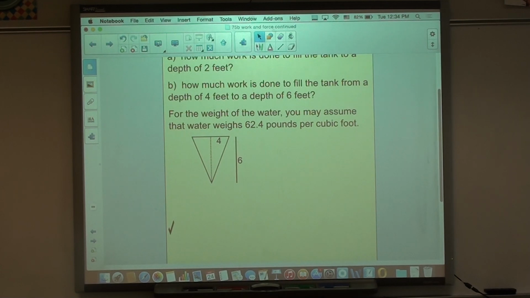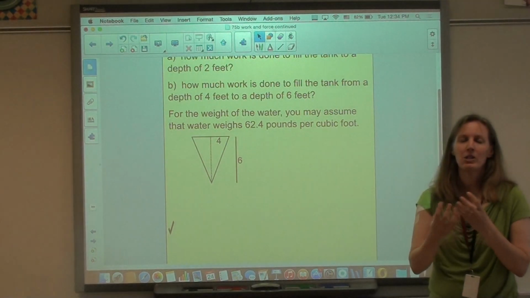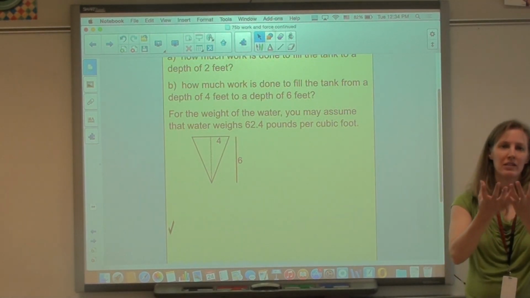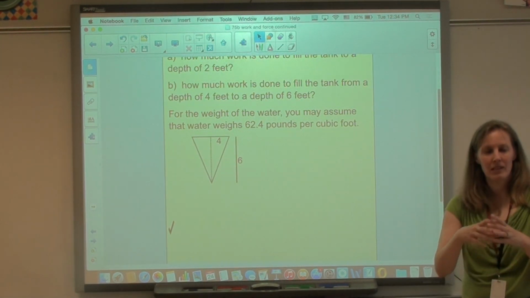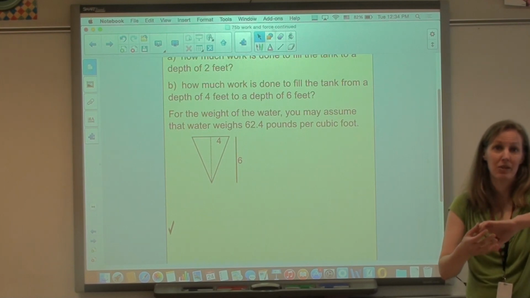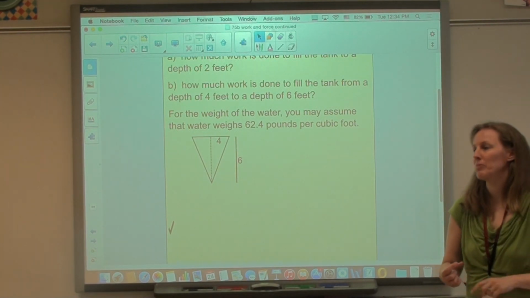There's a little gotcha though, because you have to take that and then also multiply it by the distance that the water has to travel, if the water has to travel. In this case, it gets to stay in the tank. In the next problem, it's going to be leaving the tank and going to a separate place.